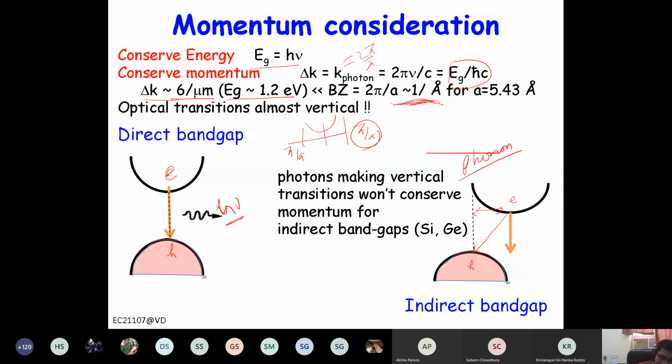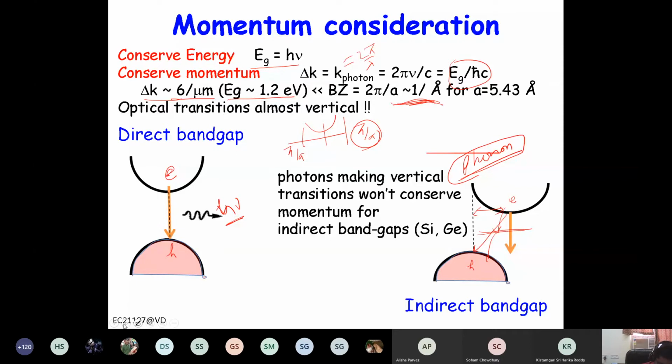It will involve another particle called phonon, or lattice vibration. So this process becomes inefficient. That's why in such cases, or in an indirect band gap semiconductor, this is usually a two-step process via trap level.